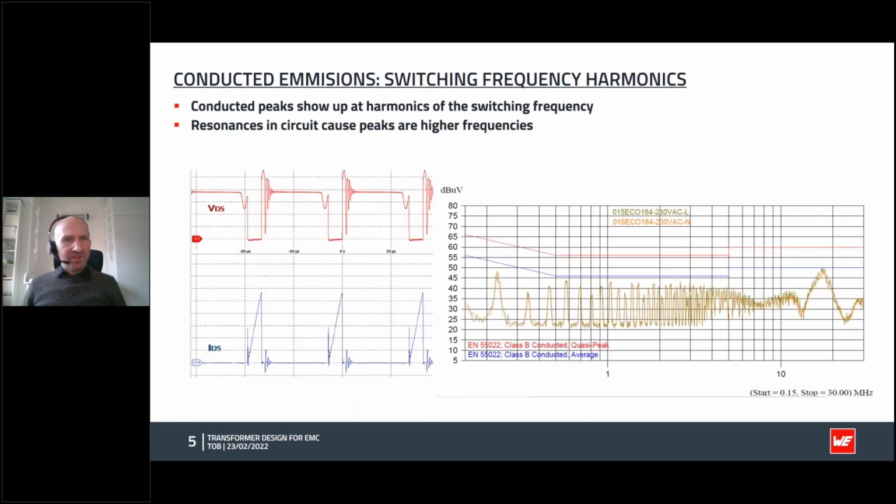So what does a typical conducted emission plot look like? Here we can see a typical switching signal on this one, which is a flyback transformer design. So we have our voltage signal here on the MOSFET. When we turn on the MOSFET, the voltage across the MOSFET is 0.